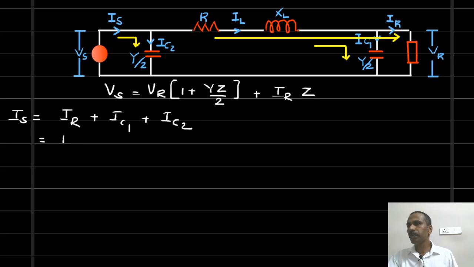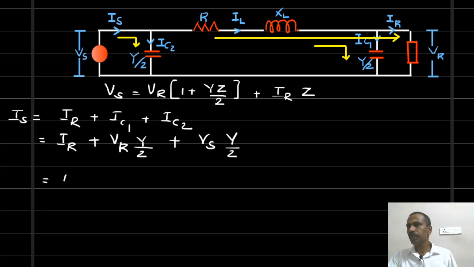So this is equal to IR plus IC1, the current flowing through this capacitor, which is equal to voltage across the capacitor into admittance, VR into Y by 2, plus IC2, the current flowing through this capacitor, which is equal to voltage across the capacitor into admittance.